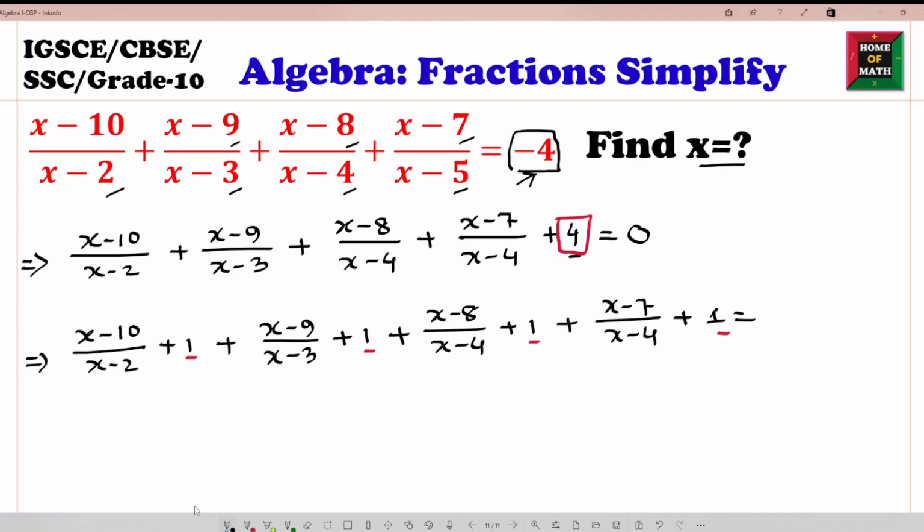Okay. Now we can take the LCM of each fraction.